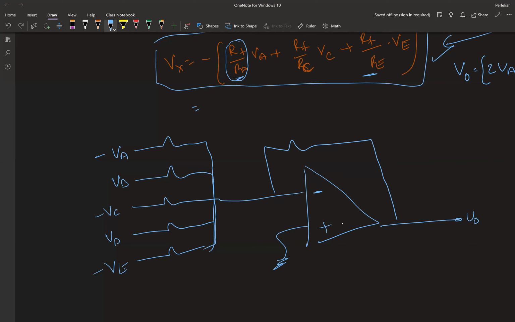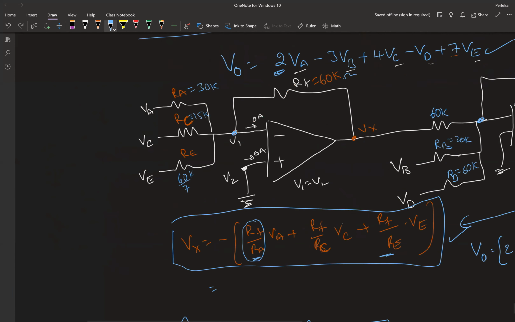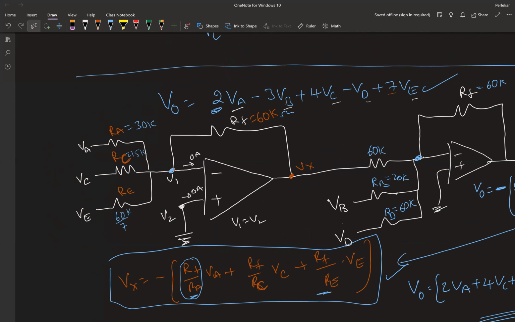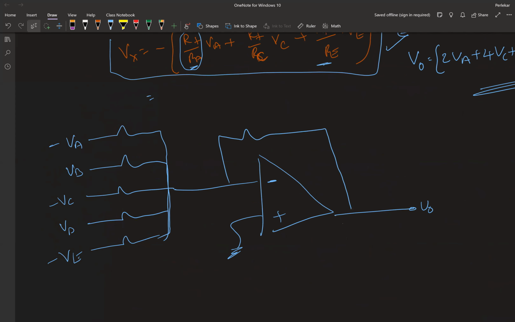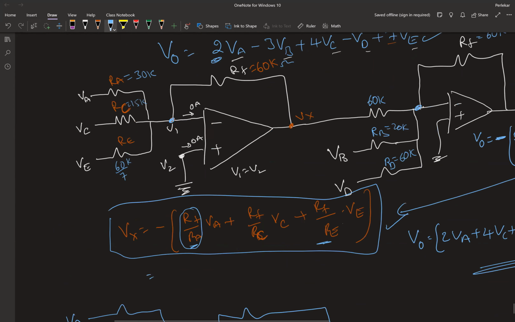This is another way to do it, but I prefer you to draw this one compared to this one, because I would say there are no negative voltages available with us. That's the reason I don't want you to design this. I want you to design this.